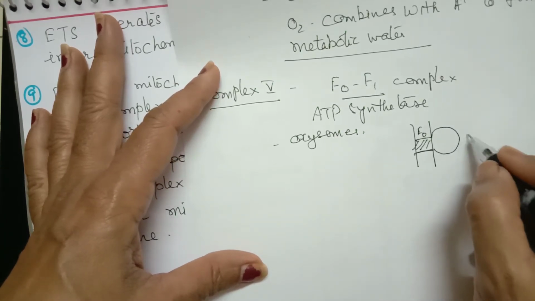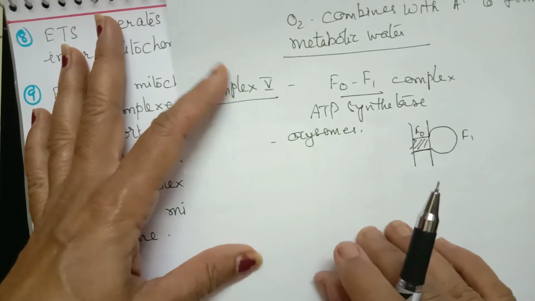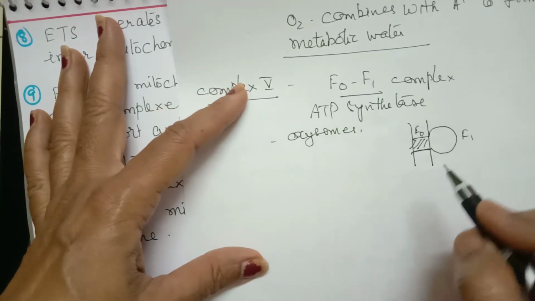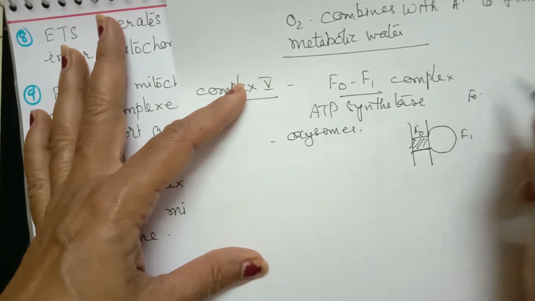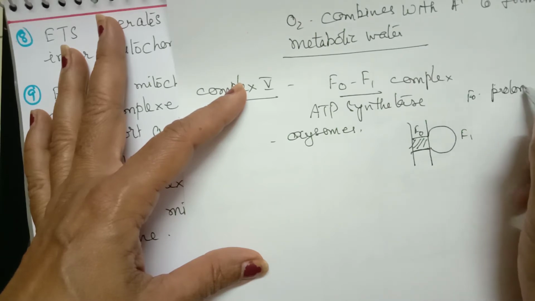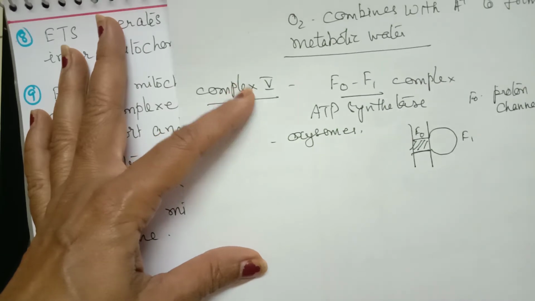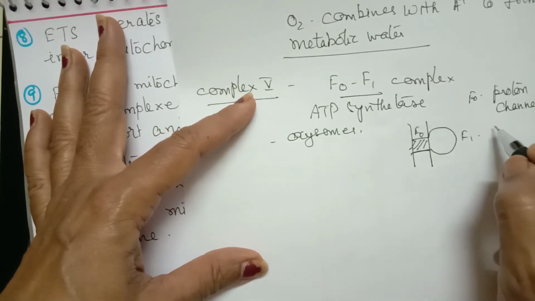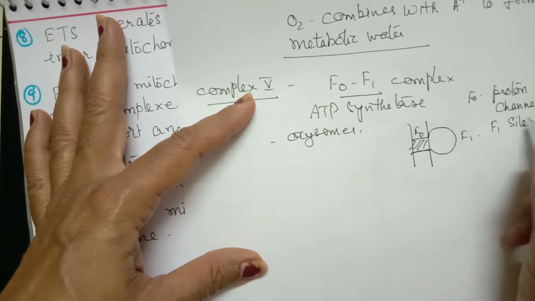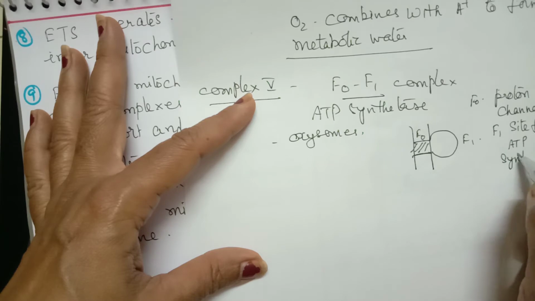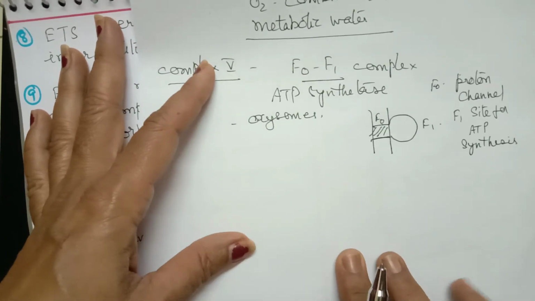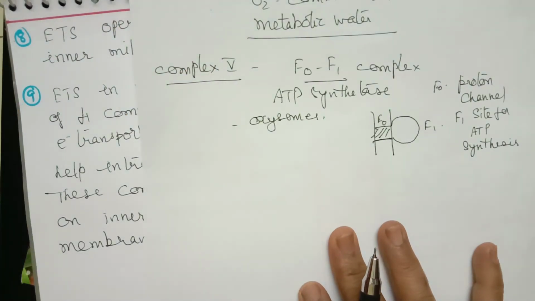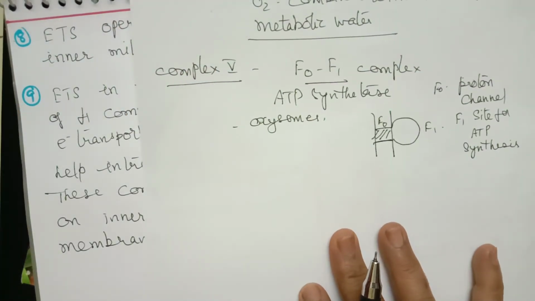And this is the F1 part. F1 part will come out of the membrane. F0 functions as proton channel, that is, it helps in transport of protons. And F1 is the site for ATP synthesis. F0 is called proton channel, embedded within the membrane.